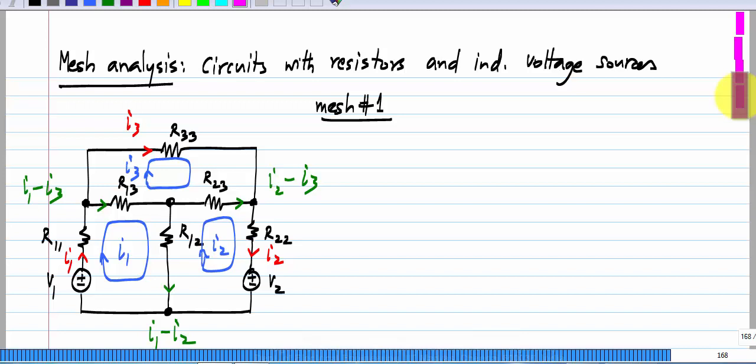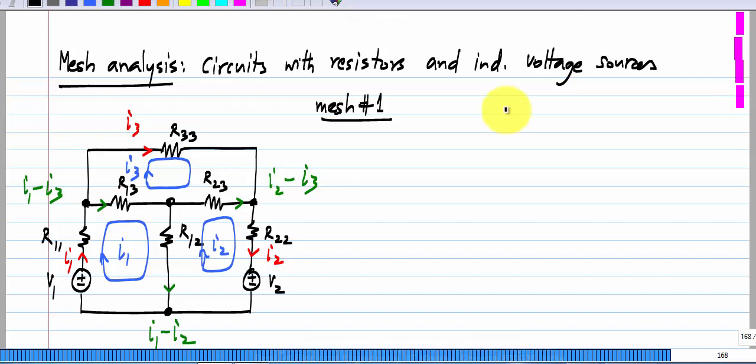Just like for nodal analysis, while writing Kirchhoff's current law equations, I wrote the sum of all currents going out of a node through conductances equals the sum of independent currents being injected into the node. Here also I will write sum of voltage drops while traversing the mesh to be equal to the voltage rise due to the independent voltage source in the mesh.